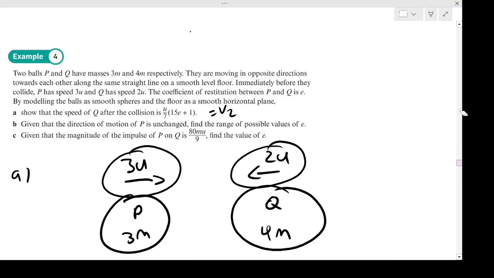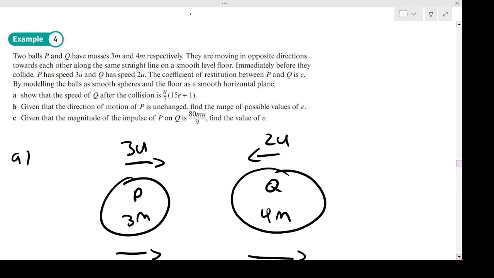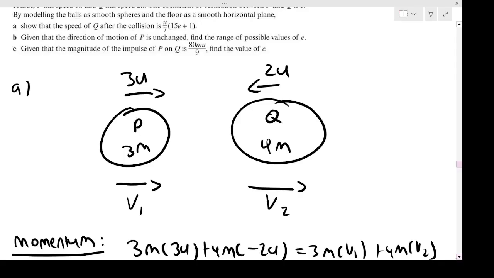So there we are. Then it says in part B, given that the direction of motion of P is unchanged, find the range of possible values of e. So the direction of motion is unchanged. That means, as we were told, P is moving forwards.